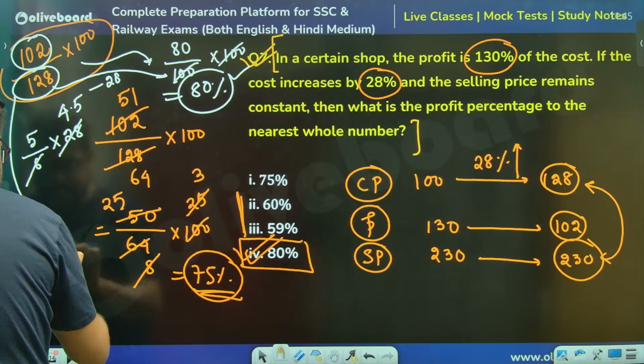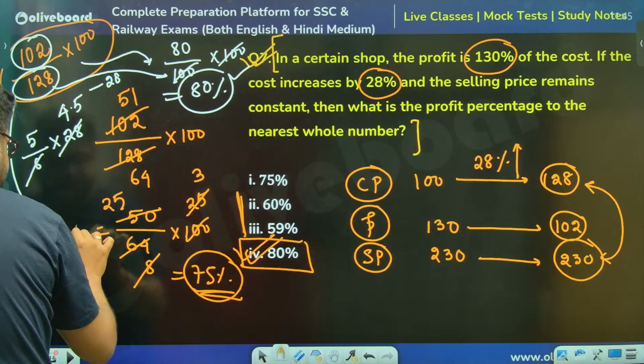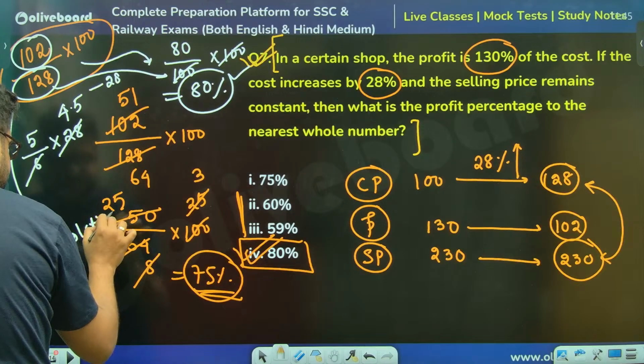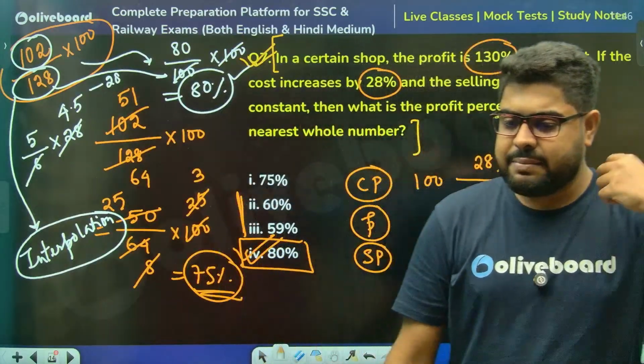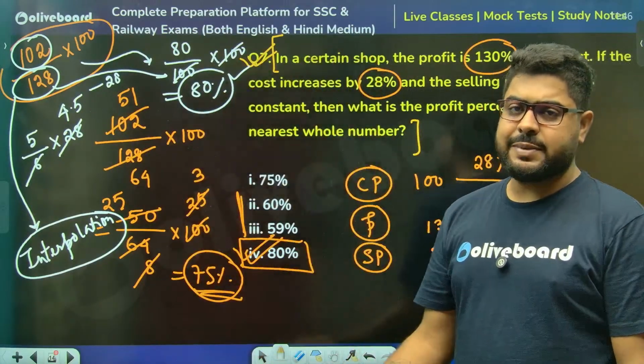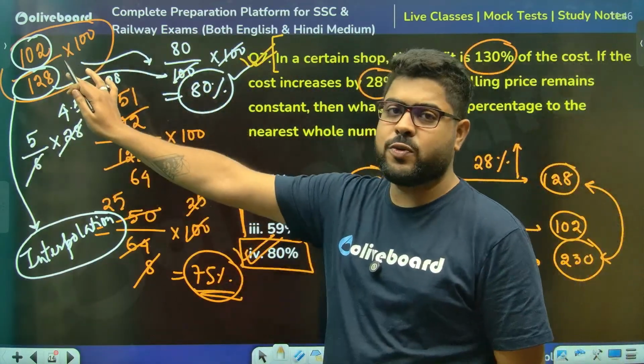वही फिर से, you need to refer to the foundation batch. Interpolation technique. I told you in DI, in multiple ulta seedha calculations, there is nothing better than this method if you know it.